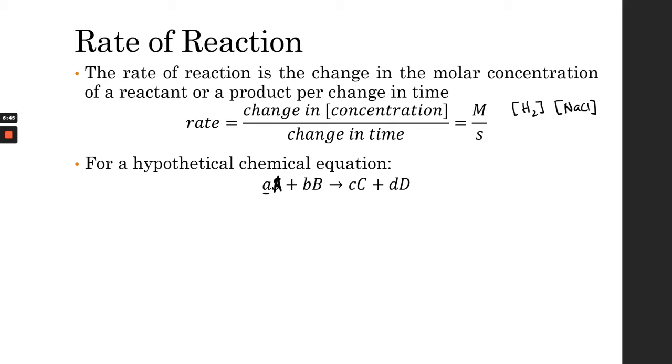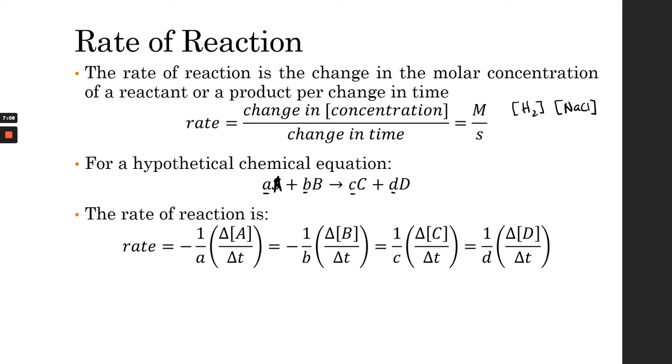The small letters a, b, c, and d are the coefficients in your chemical equation, and the capital letters are your elements or your atoms or your molecules. So for example, we have this hypothetical chemical equation. To measure the rate, this is the equation that we actually have to use.